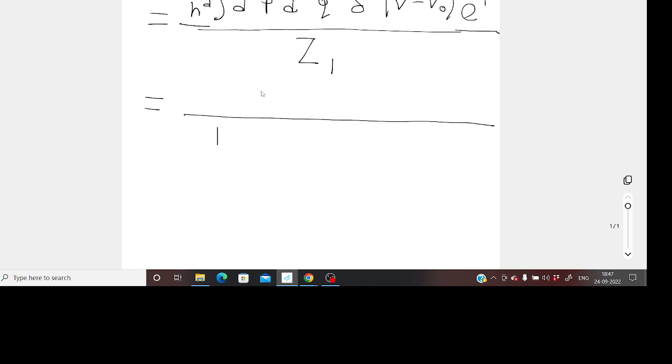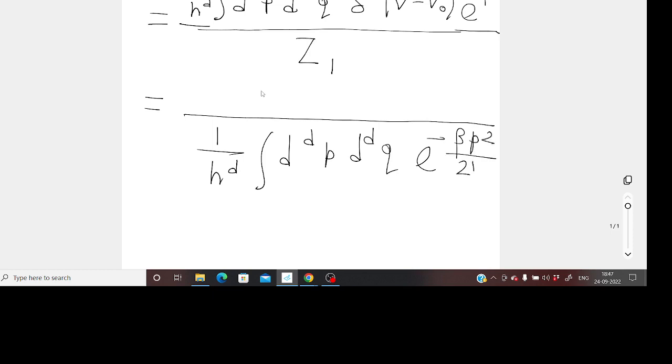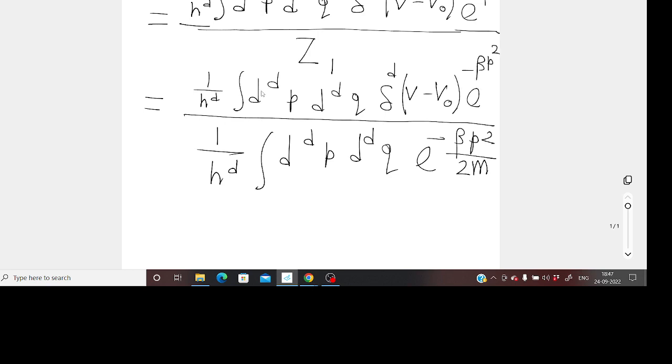And this Z1 is equal to this thing, into e to the power minus beta H. Here I am writing H equal to p square by 2m. This thing is clear?